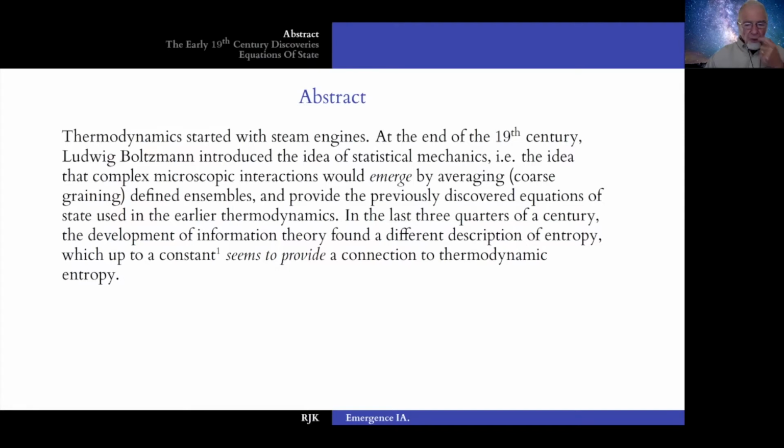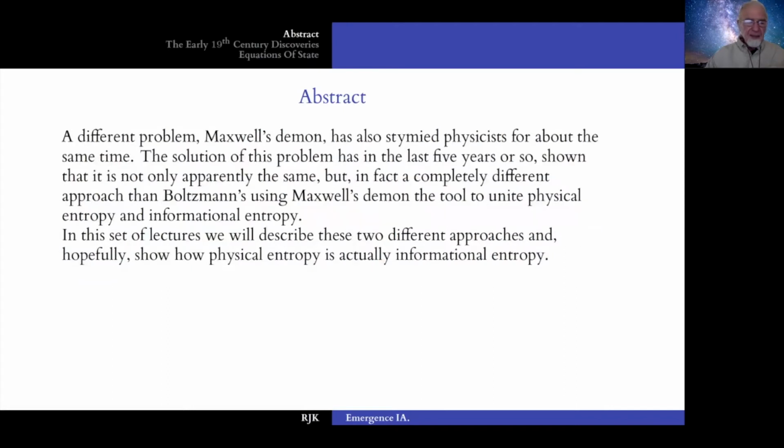In the last quarter of the century, the development of information theory found a different description of entropy, which up to a constant seems to provide a connection to thermodynamic entropy. And it was Maxwell's demon, which many physicists really felt was a problem until about 1960, where Maxwell's demon was finally subdued.